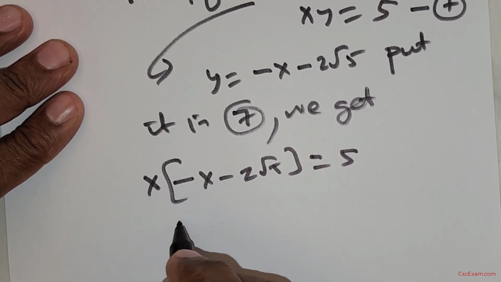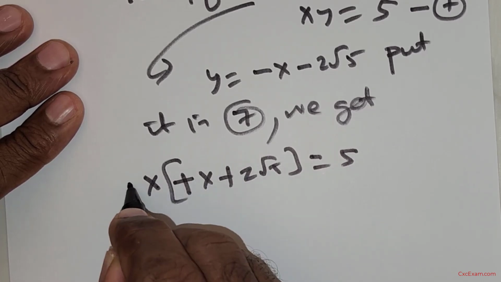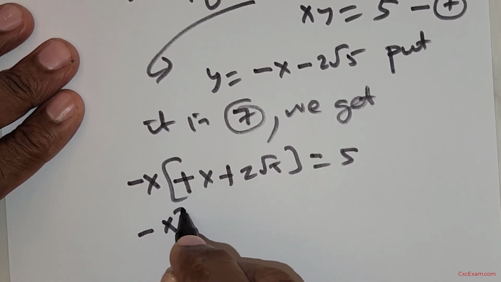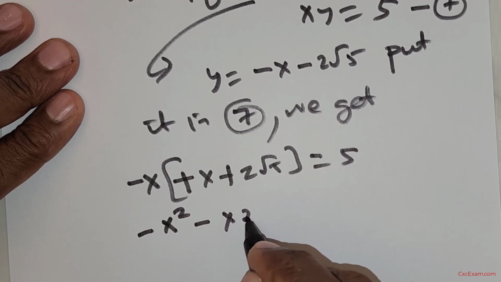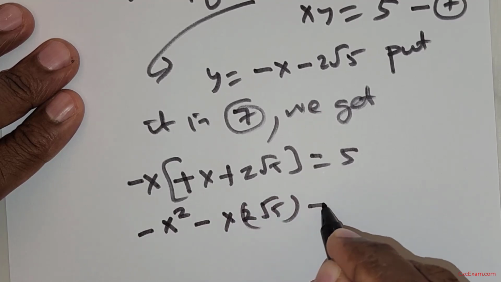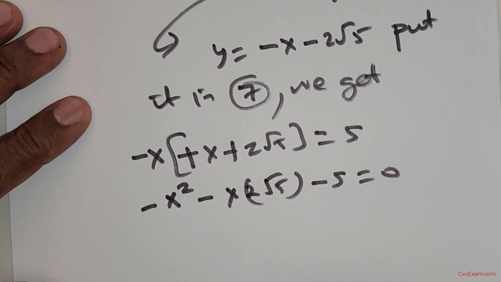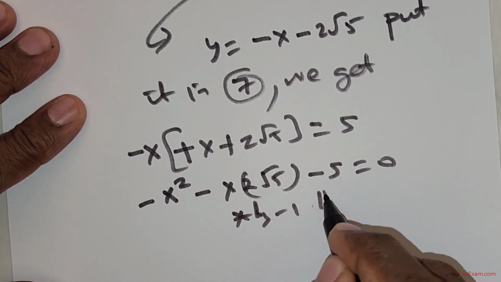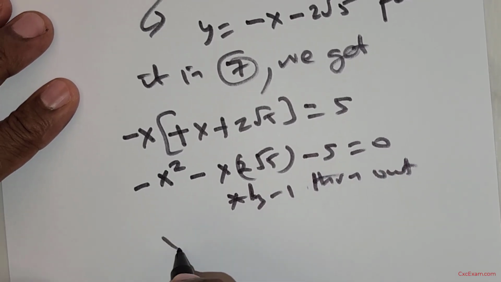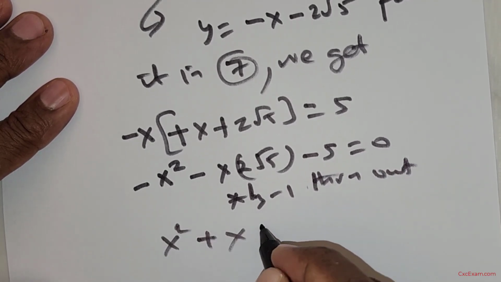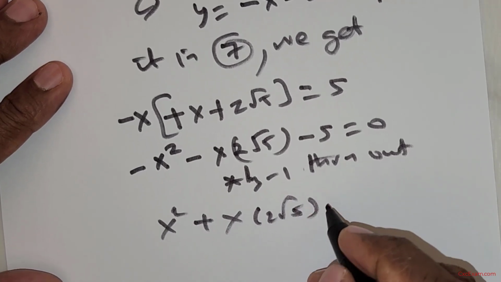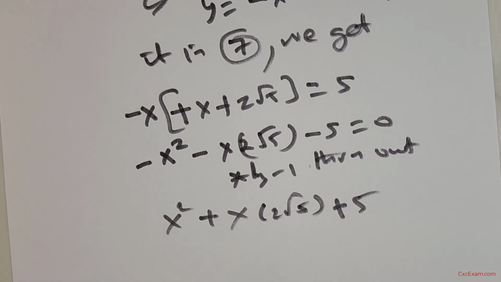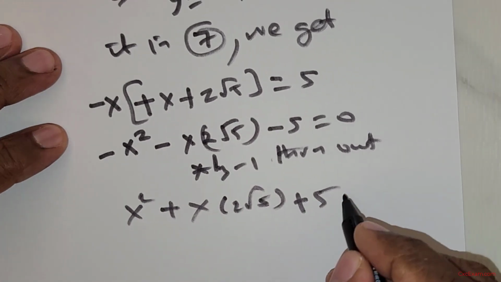You take the negative sign out, and when you multiply it, you get negative x squared minus x times 2 times root 5 minus 5 is equal to 0, and you multiply by negative 1 throughout. So this is going to give you x squared plus x times 2 times root 5 plus 5 is equal to 0.